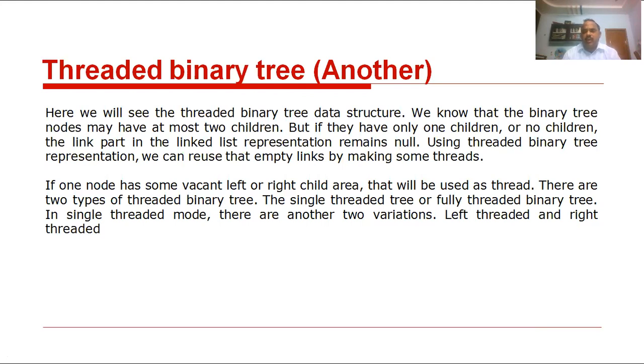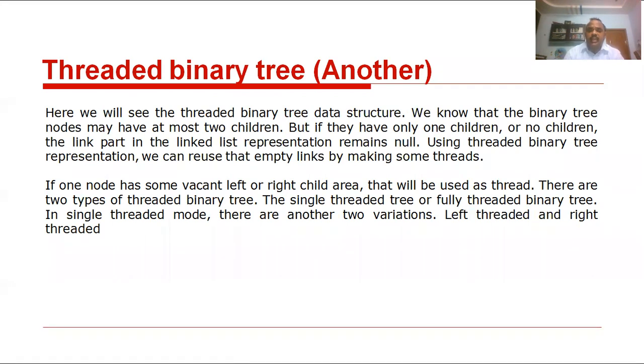The single threaded binary tree or full threaded binary tree. In a single threaded binary tree, there are another 2 variants: the first one is left threaded and the second is right threaded. So there are two types of threaded binary trees.